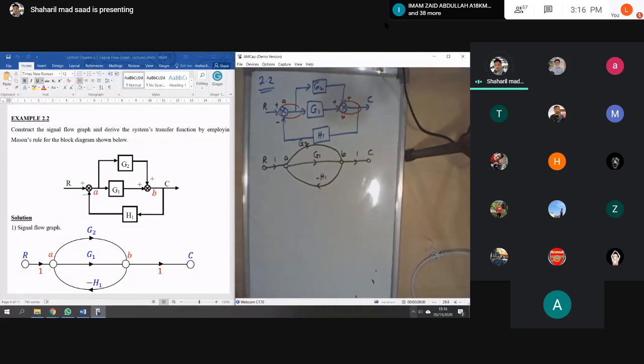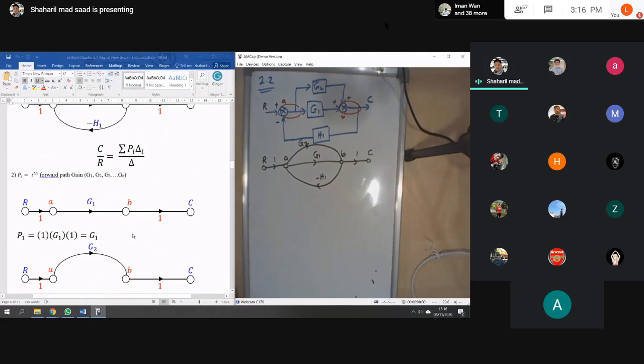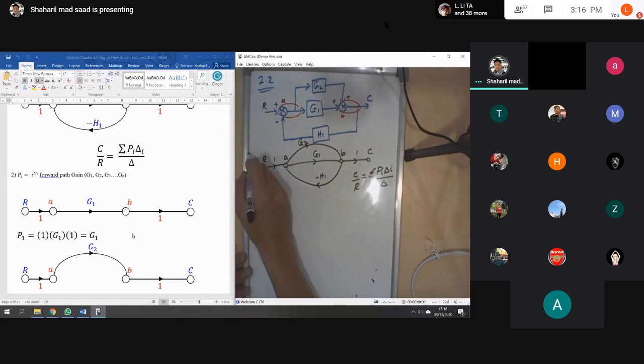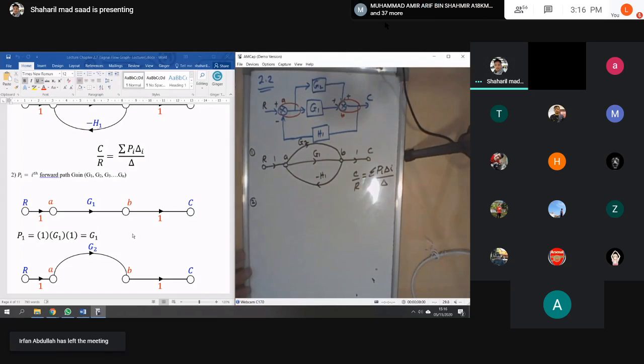Draw the signal flow graph. Then our output, we will use this equation: equal to summation of Pi delta i over delta. So this is number 1. Number 2 is the step: you need to find the Pi first.